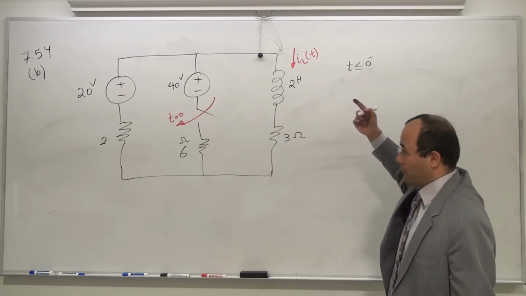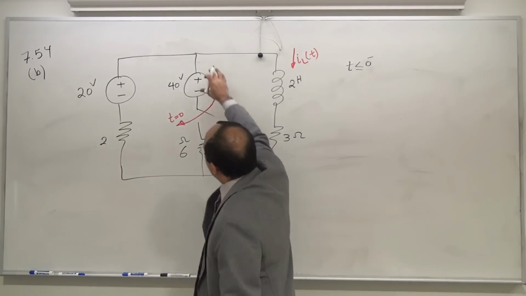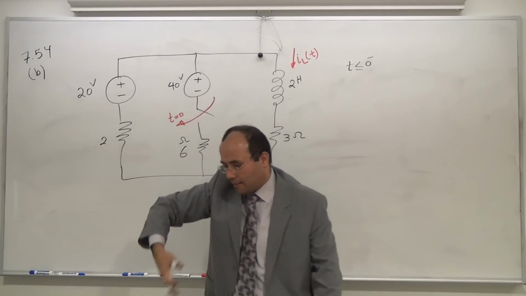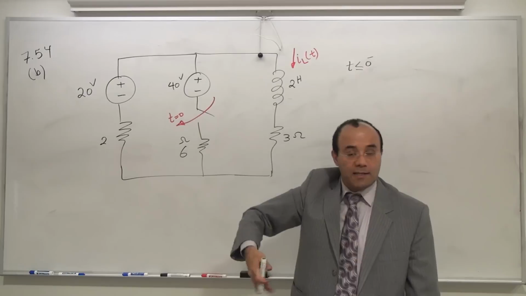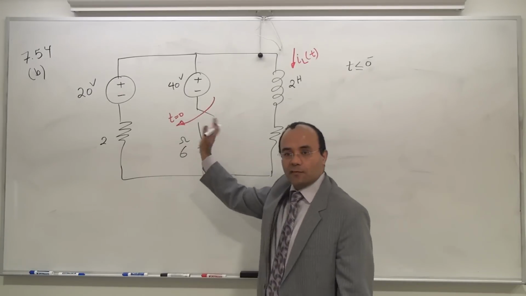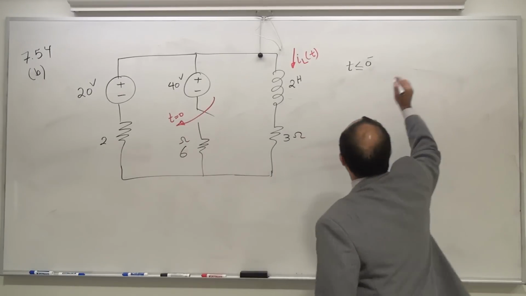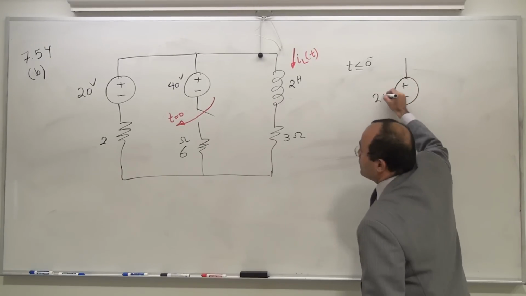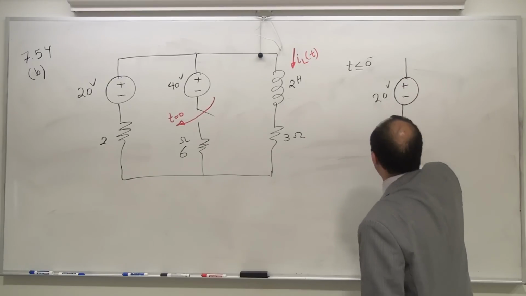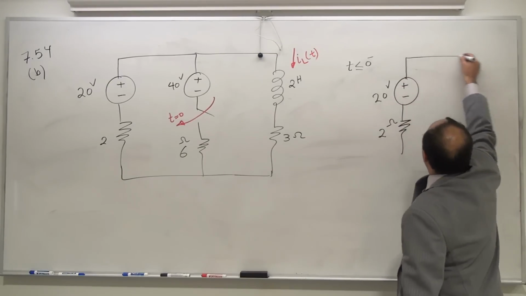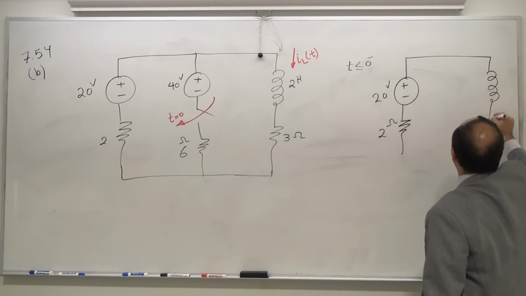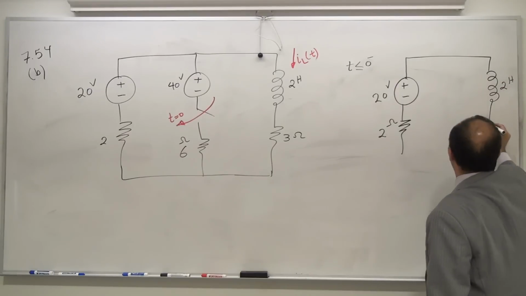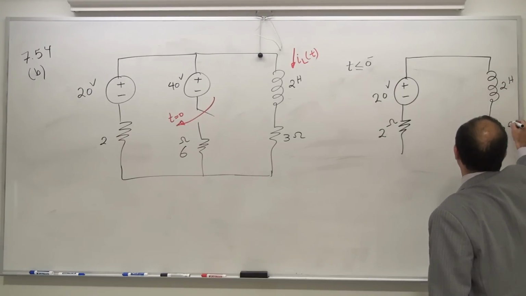the switch is open. Since the switch is open, this voltage source is dangling in space. It's not connected to anything. So what do I have? I'm going to have a plus-minus 20 volts, 2 ohm, and then 2 henry, and then 3 ohm.